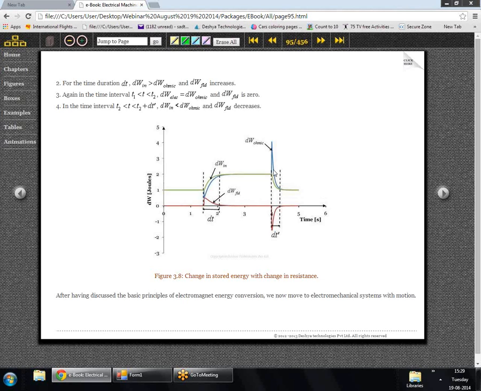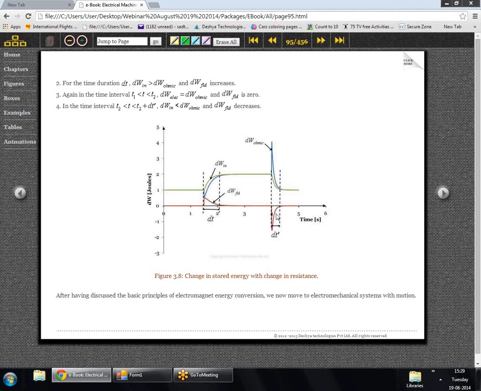And if we look at the next interval, when we increased the rheostat by a factor 2, again the current started to decrease. So our differential input energy started to decrease, whereas the differential ohmic energy was greater than the differential input energy, and the difference between the two was the reduction in the field energy, shown by the red curve.